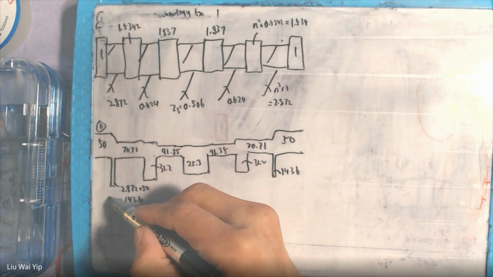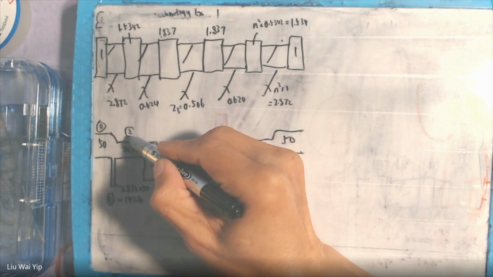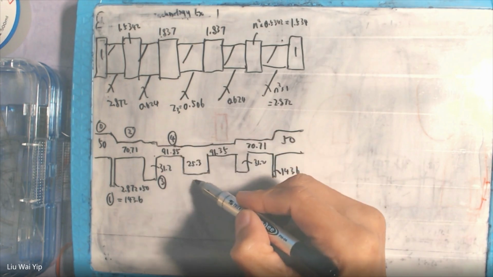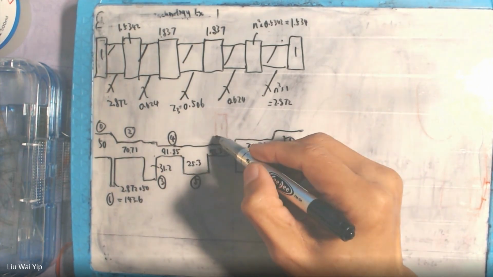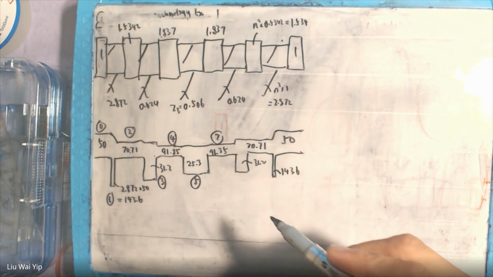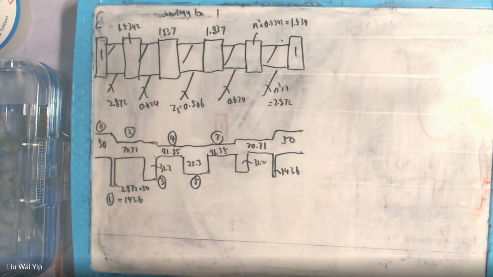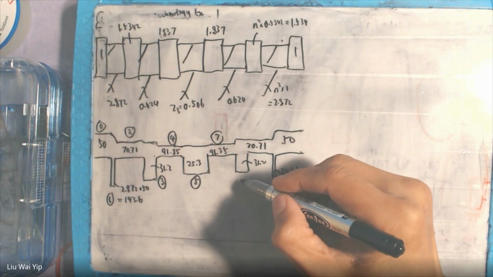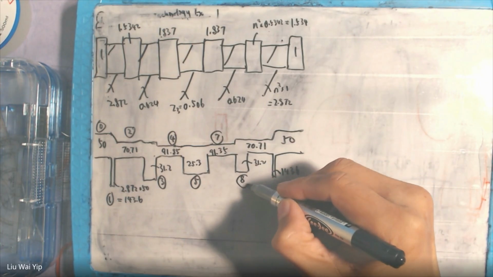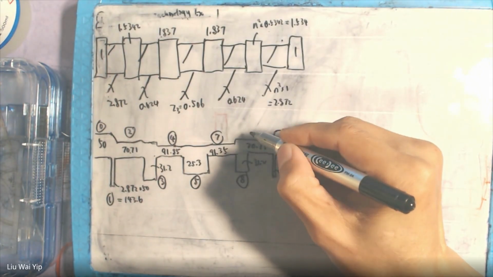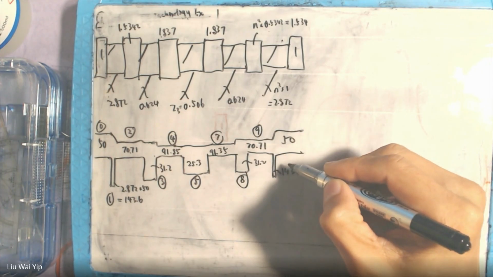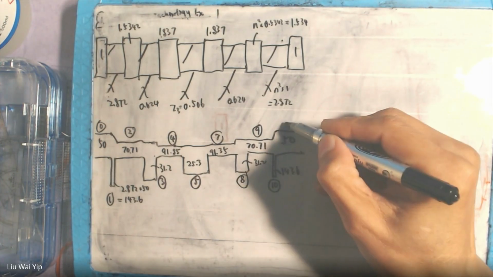This is line 1, line 2, line 3, line 4, line 5, line 7, line 8, line 9, 10, 11.